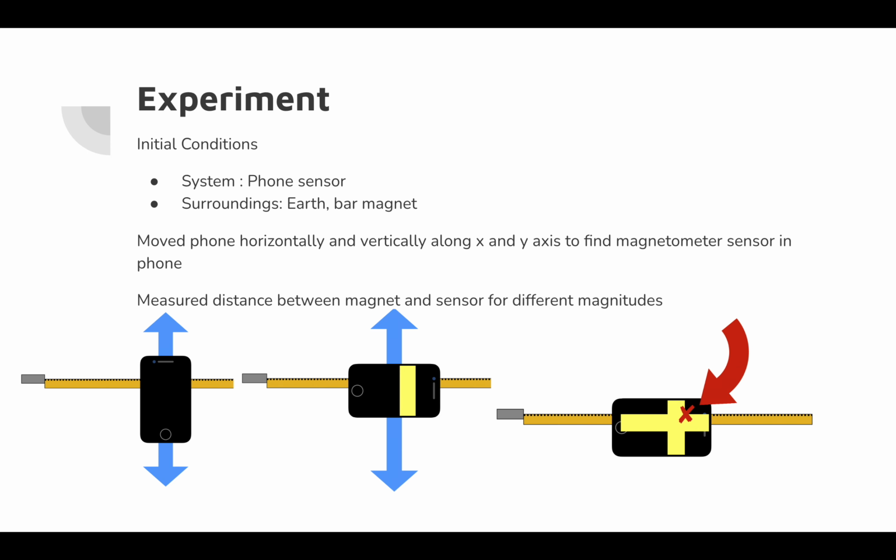For this lab, to orient it, we moved the phone horizontally along the x-axis, and then vertically along the x-axis to find the magnetometer sensor in the phone. And then doing that, we measured the distance between the magnet and the sensor for different distances.